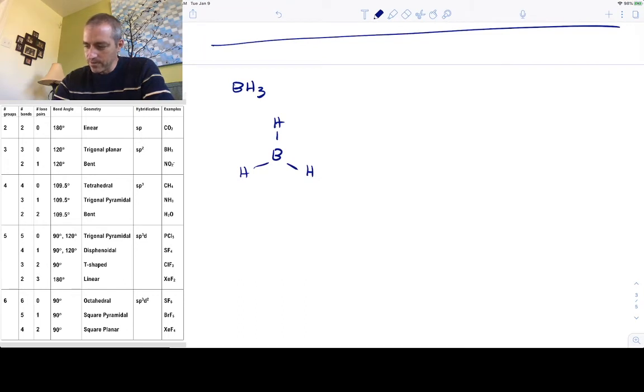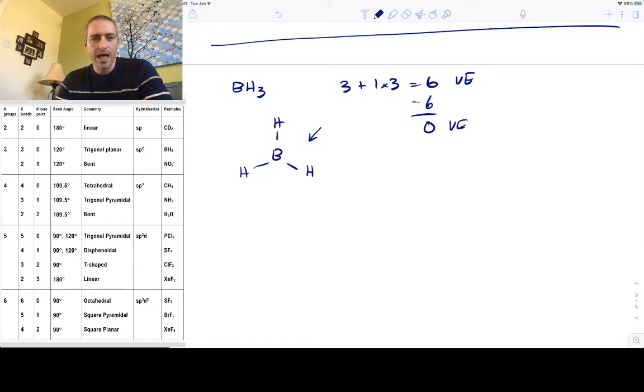Okay, so we have 3 valence electrons for the boron, plus we have 1 times 3 valence electrons for the 3 hydrogens, equals a total of 6 valence electrons. If you look down here in our structure, we've already drawn 3 single bonds, which is 6 electrons already. So we have 0 valence electrons remaining.